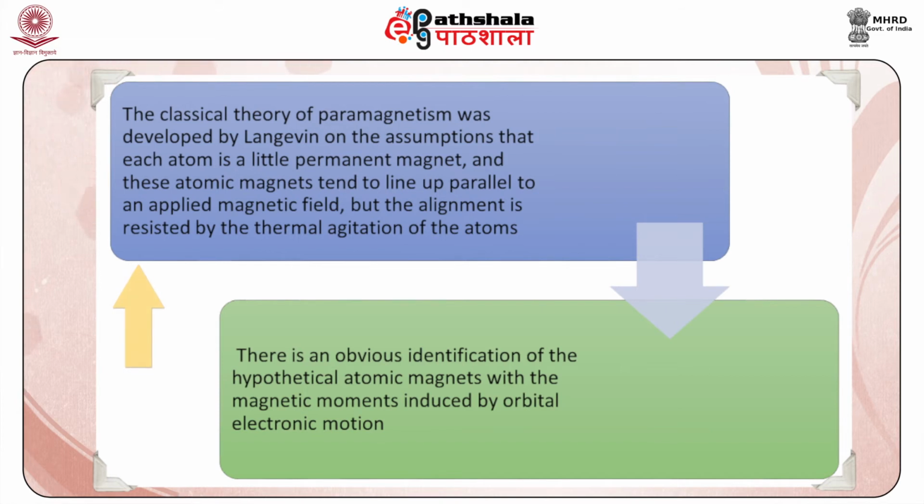But the alignment is resisted by the thermal agitation of the atoms. There is an obvious identification of the hypothetical atomic magnets with the magnetic moments induced by orbital electronic motion.